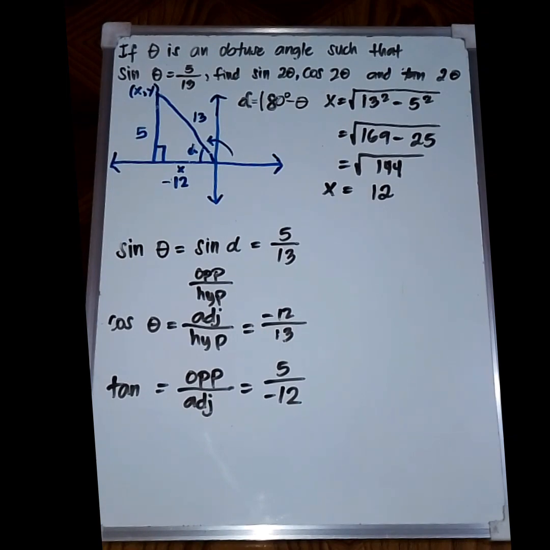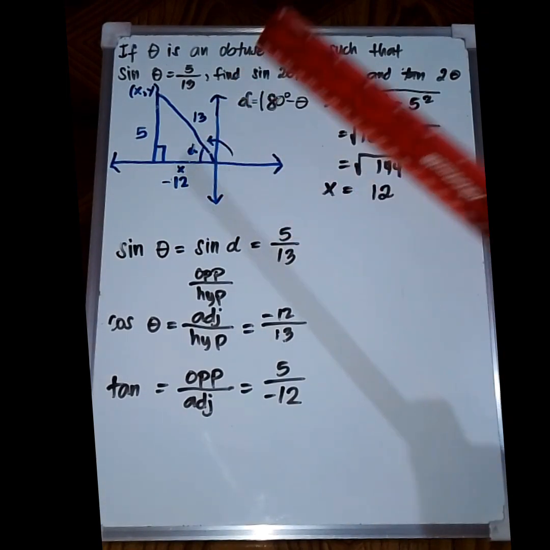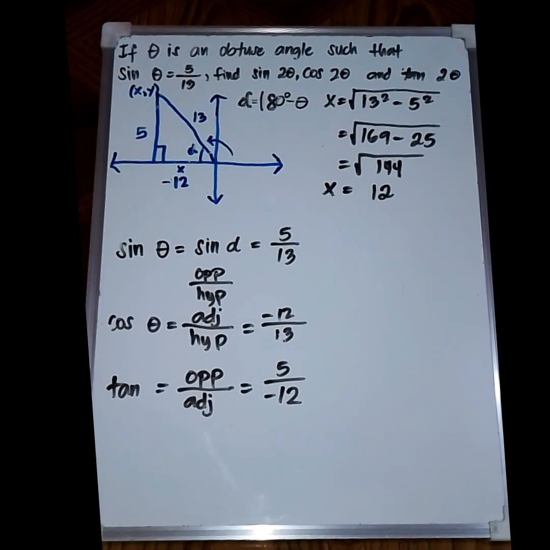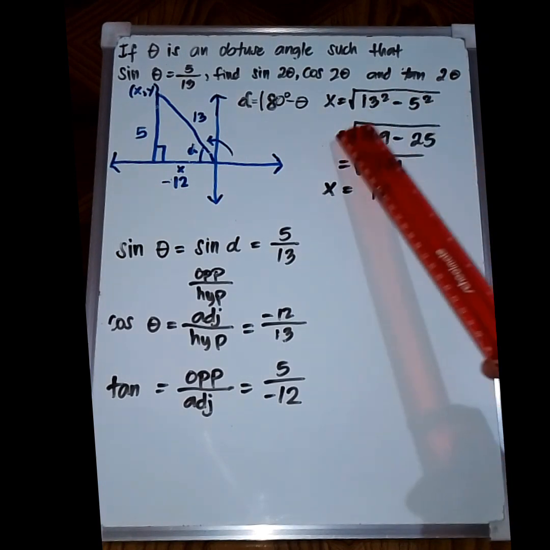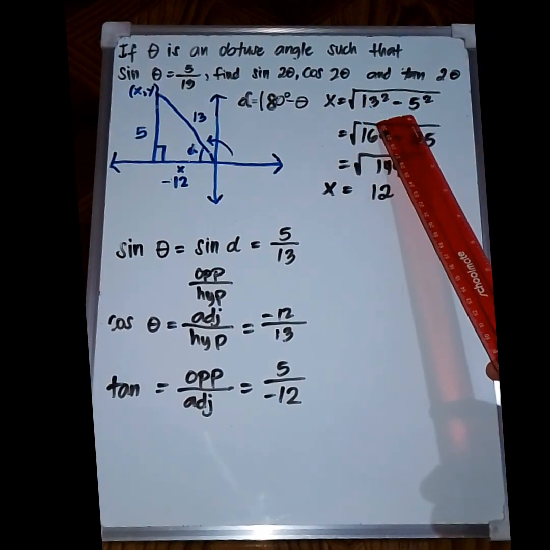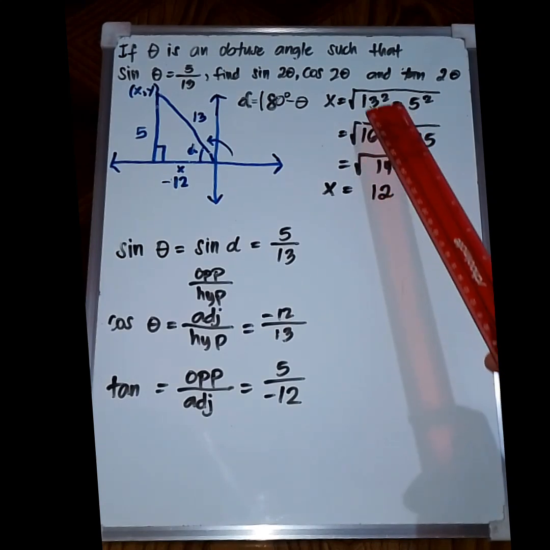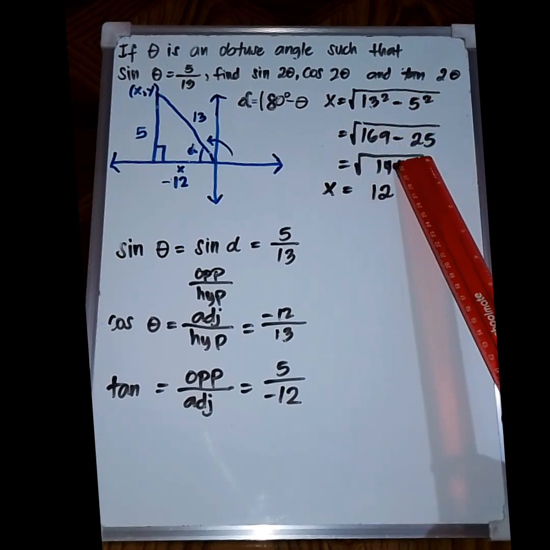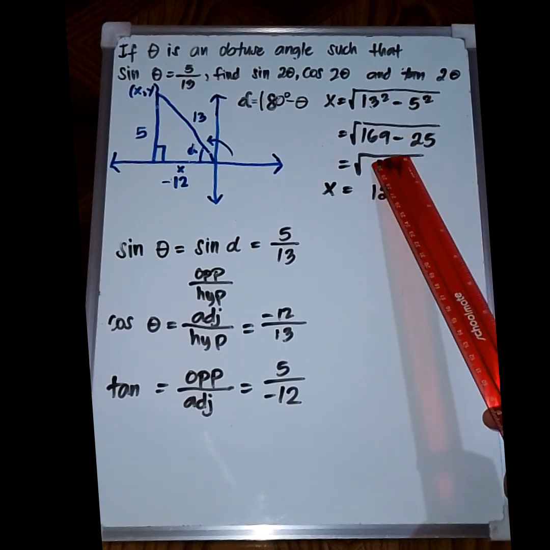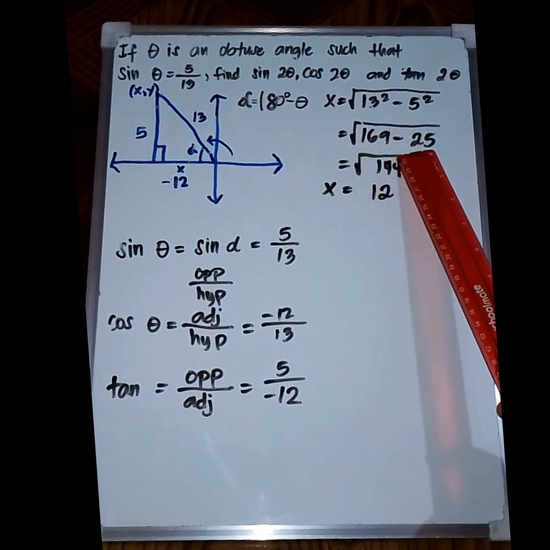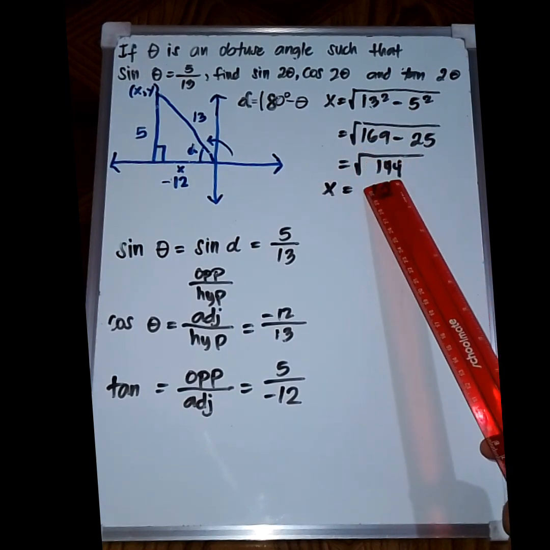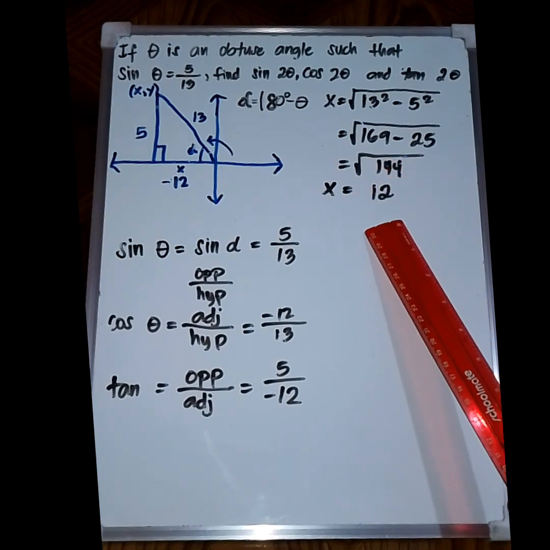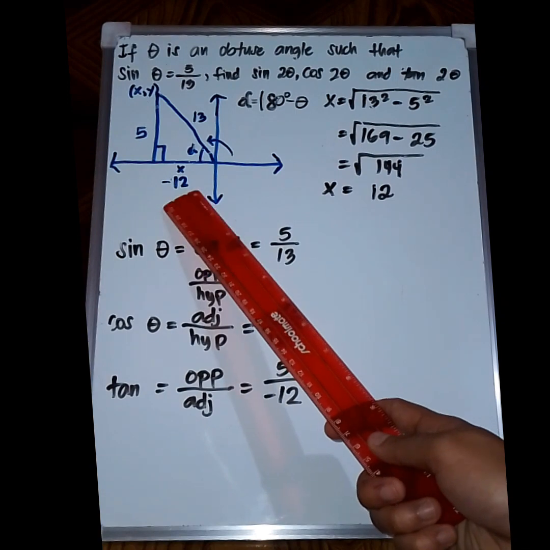Then x should be negative because we are in the second quadrant. But let's solve it first using the Pythagorean theorem. x is equal to the square root of 13 squared minus 5 squared. 13 squared is 169 and 5 squared is 25. We subtract because of unlike signs. 169 minus 25 is 144, and the square root of 144 is 12. Therefore, x must be negative 12.